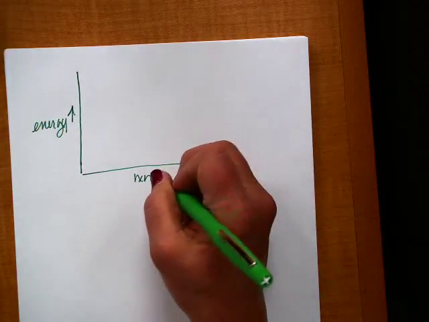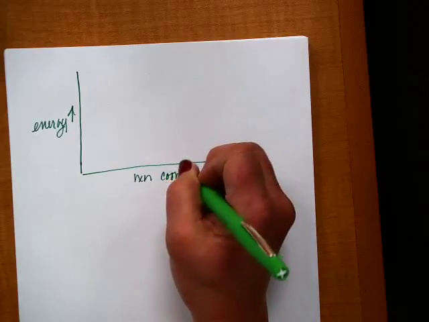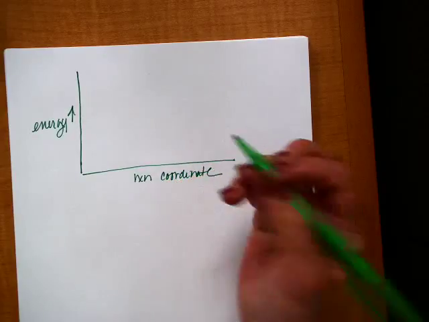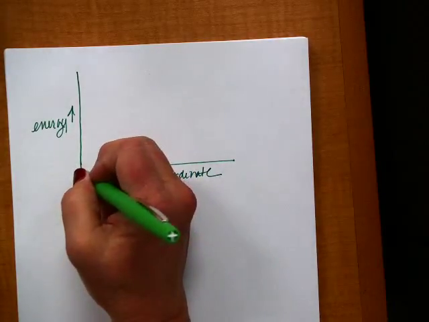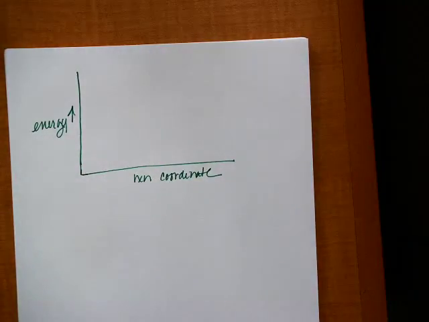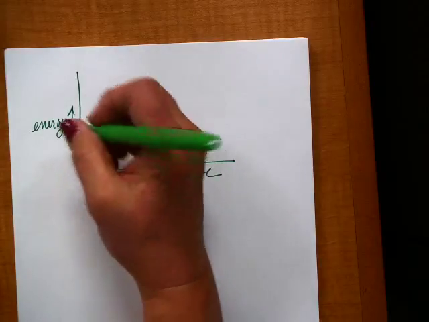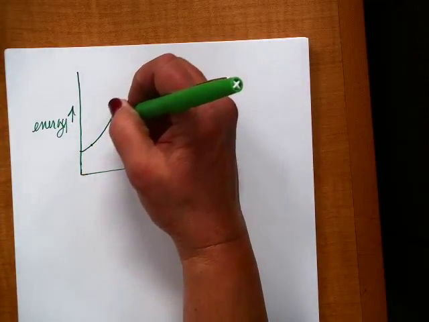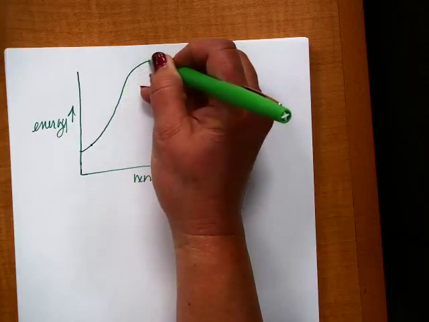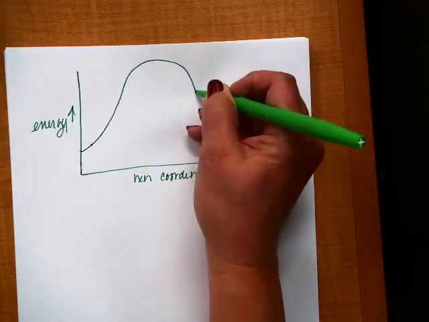The x-axis is the reaction coordinate, so the progress of that reaction. We're just going to talk about this in terms of activation energy and catalysis and delta G.